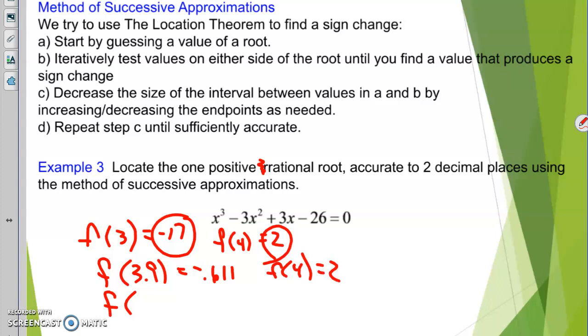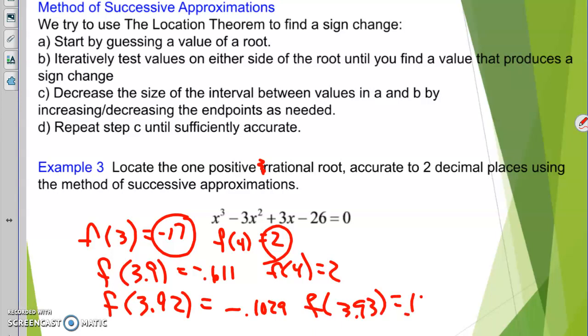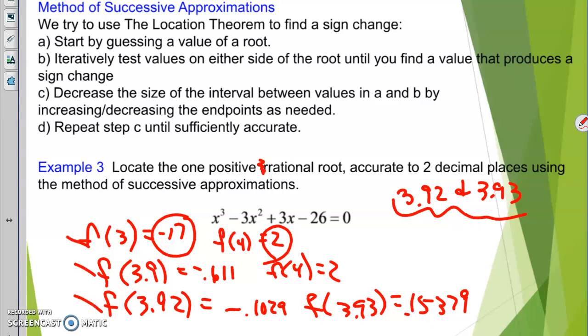If I go with f of 3.92, I get -0.1029, and f of 3.93 gives me positive. So somewhere we know between 3.92 and 3.93 is your root. And all we did was continue to get closer and closer by testing numbers.